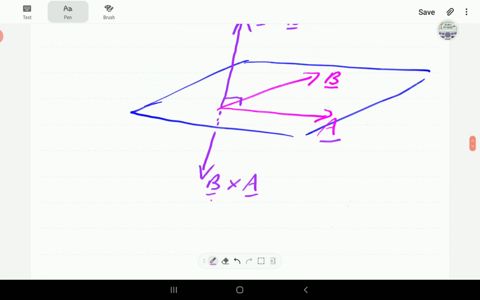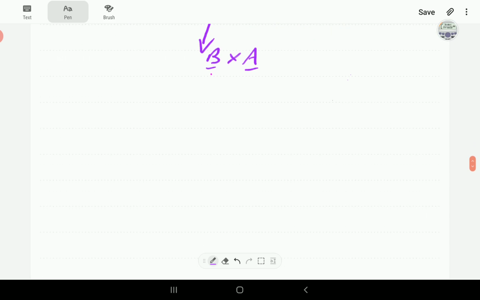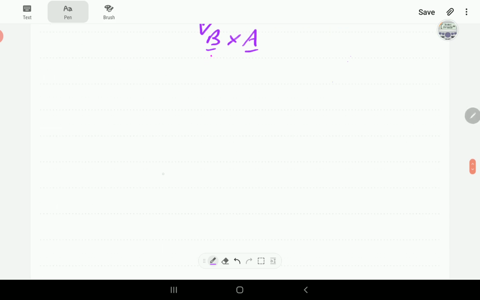The cross product has lots of applications. I'm just going to mention one application in electromagnetic theory.